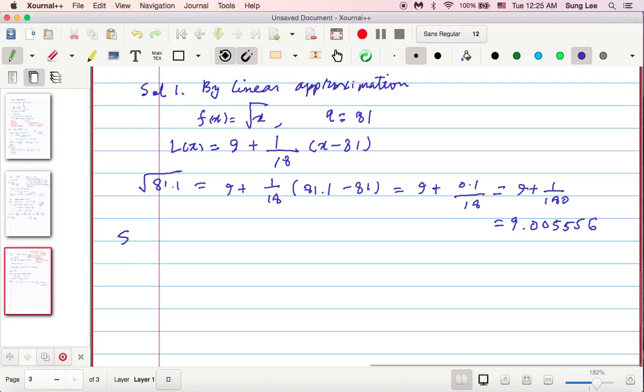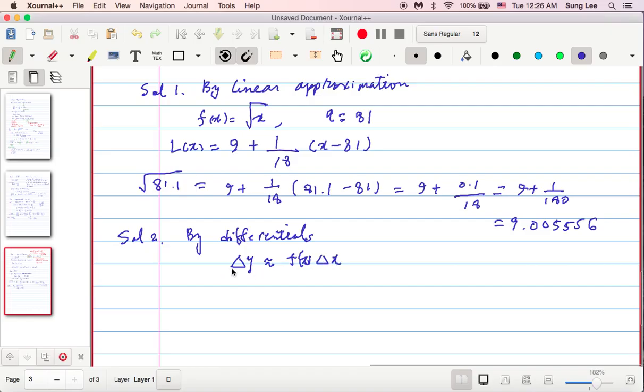Now, next, second solution. So this time we are going to use differentials, okay? By differentials, again, we have the formula delta y is approximated by f prime of x delta x.